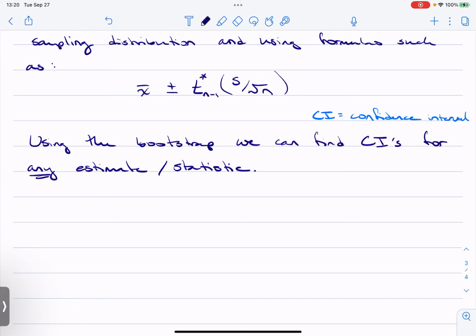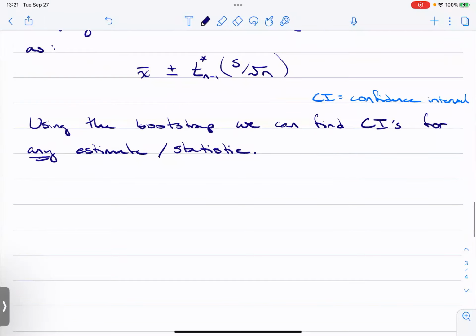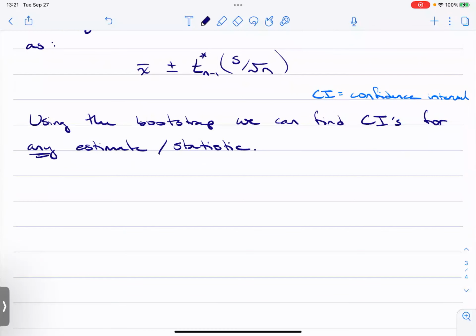What I'm left with is my confidence interval, somewhere between here and here. For a 90% confidence interval, 5%, 5%, cut it off, done. So kind of fun that you don't need formulas. I feel lost without formulas, but it is a cool way of doing things.